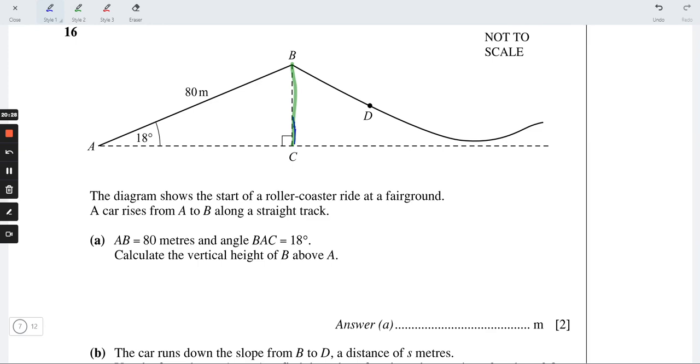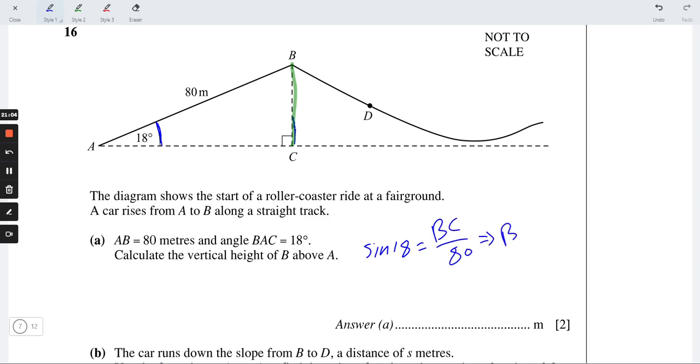Working it out is easy. You can use a trigonometric function, because you know this angle here. So we could use sine, because sine is opposite over hypotenuse, which is BC over 80. So sine 18 equals BC over 80.